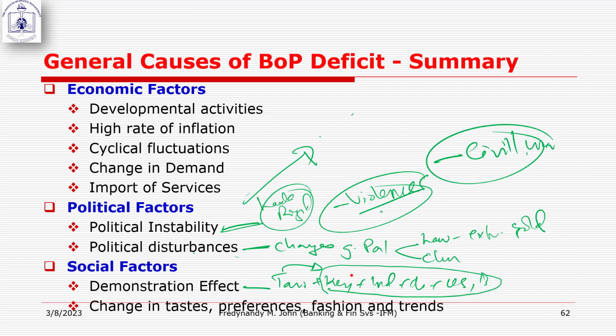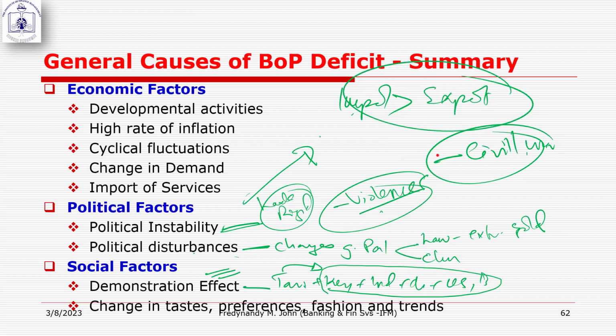So they tend to import some clothes from Italy, from India, from China, mobile phones, motor vehicles, etc. So if they continue with the habit of importing goods from abroad, automatically you'll end up with a lot of imports rather than exports.